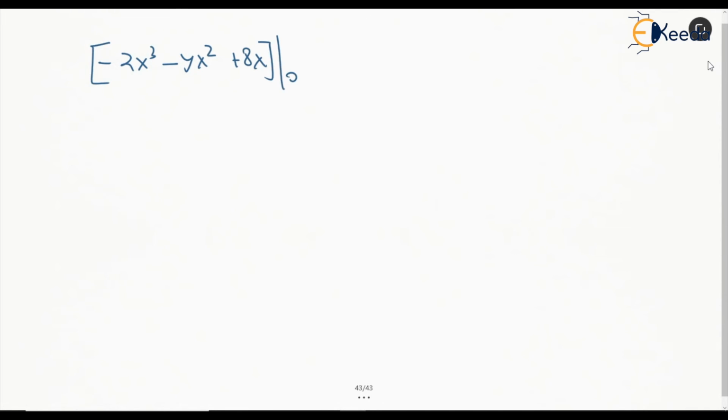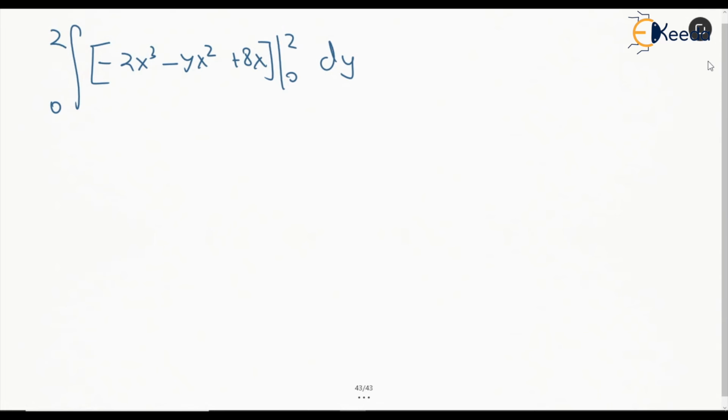So we can start the integration in terms of x. This will become 2x³ minus yx² plus 8x with the limits 0 to 2, and then integration with respect to dy for 0 to 2.